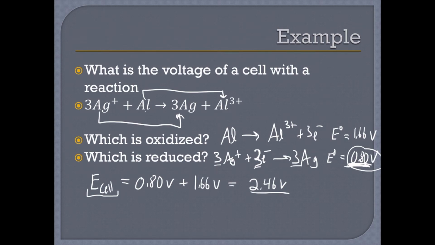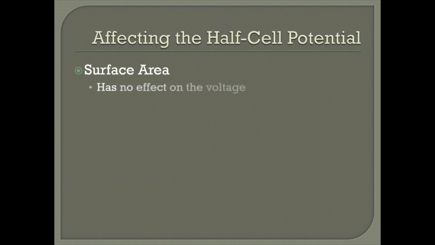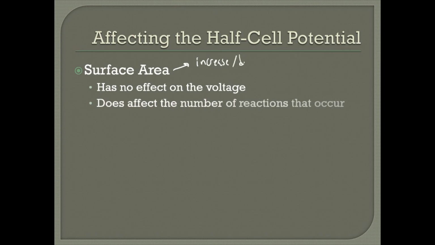Alright, now how do I go about affecting the potential of a half cell? Well, there's really only one way to do that, and that's to change some of the standard conditions. The surface area doesn't actually affect the half-cell potential, because all changing the surface area does is increase or decrease the number of reactions.